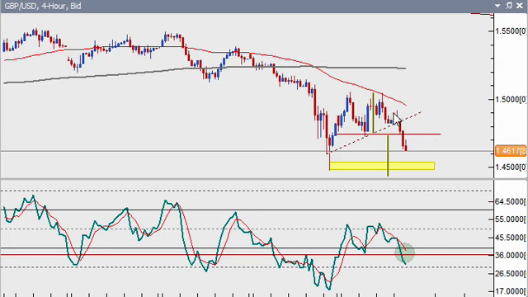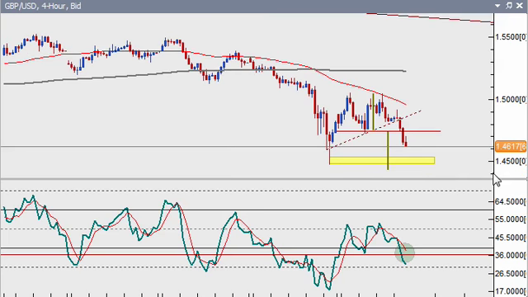So that was a signal that the market may be heading back towards 145 and maybe even below that towards 144, 144.50. The RSI broke below 40 here. It's showing bearish continuation, so we can anticipate further extension of the current decline.